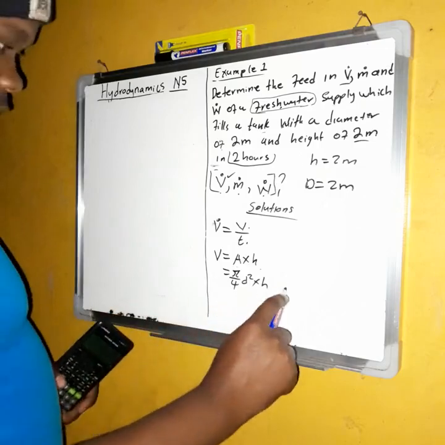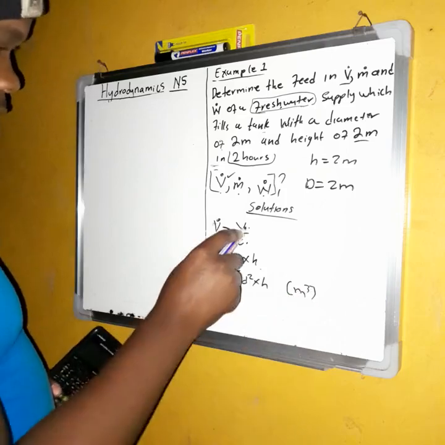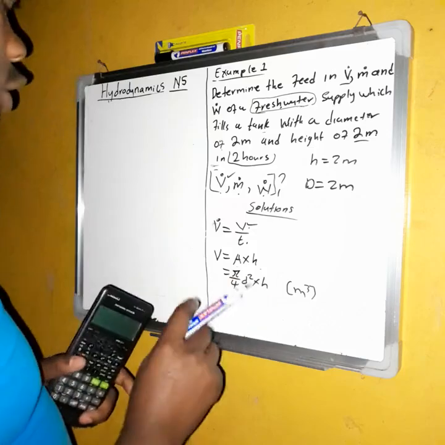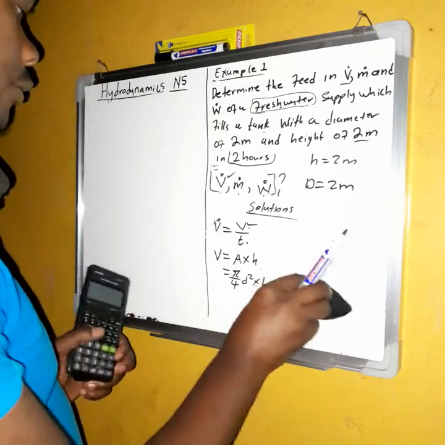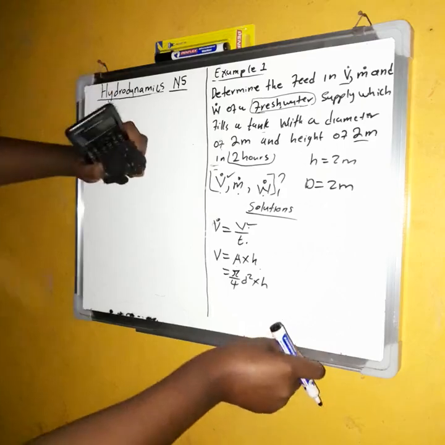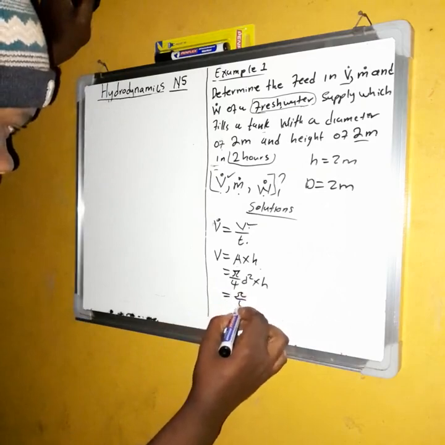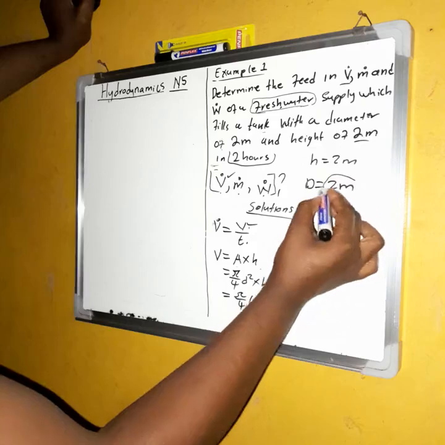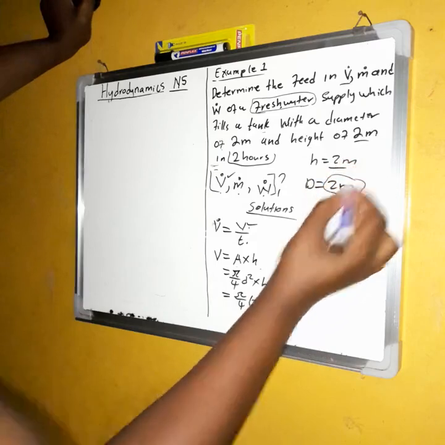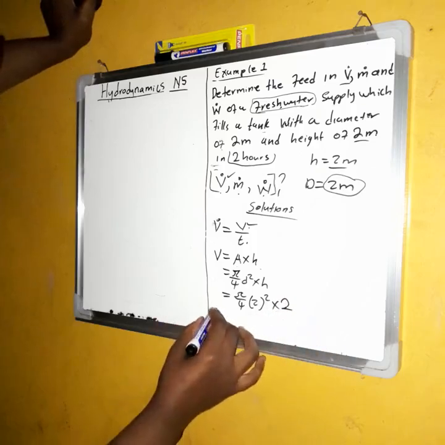This is measured in cubic meters, which is a volume. Now we can substitute our values: pi over 4, the diameter here is 2, we square that, and multiply by the height, also 2.